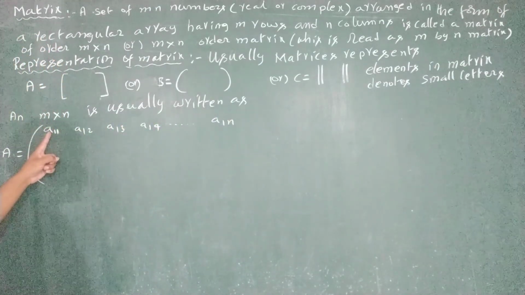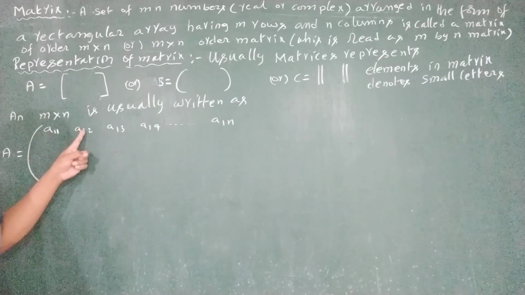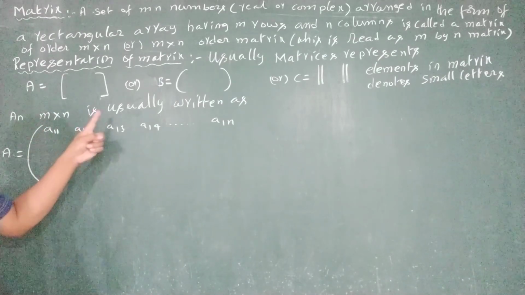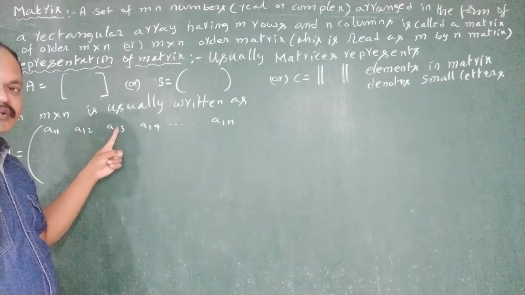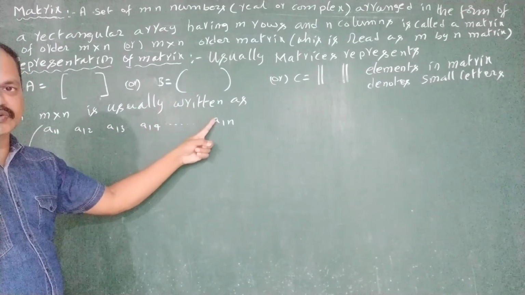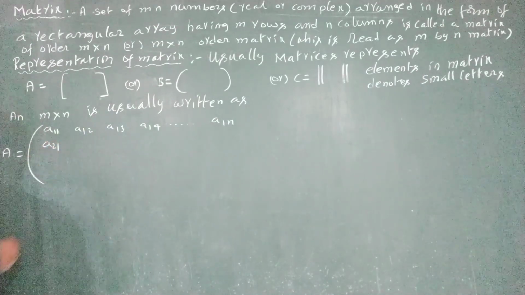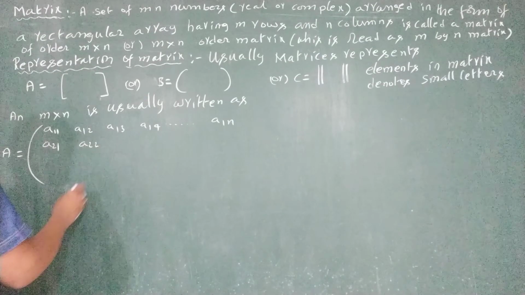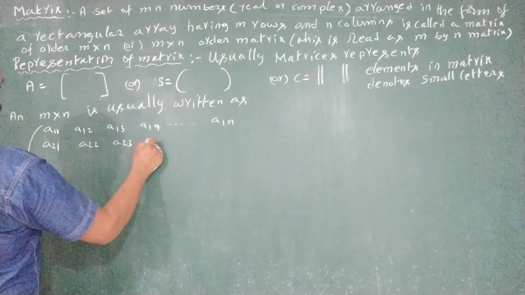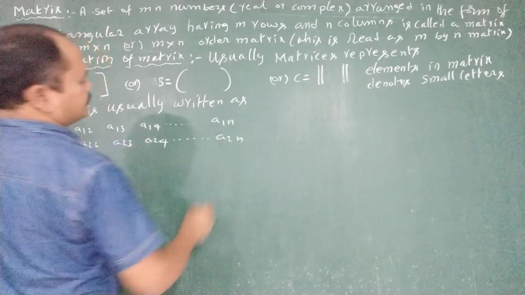Here it is: the element in the first row, first column; first row, second column; first row, third column; first row, fourth column; first row, nth column. Now a21, a22, a23, a24, and so on, up to a2n.